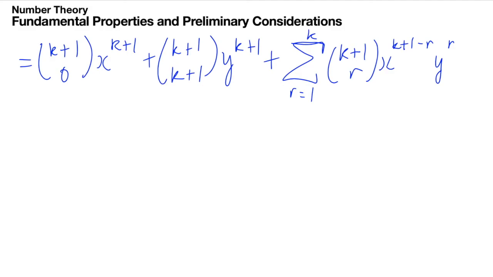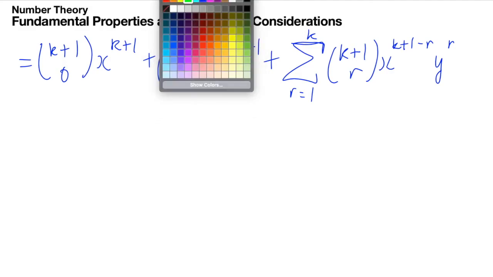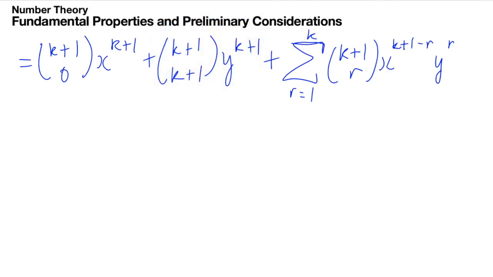Now, this is going to be one of the last lines of our proof, I promise. What we're going to do now is integrate these parts. Notice that in our last line, our upper bound is k. So actually, we can adjust the upper bound by adding the term r equals k plus 1.